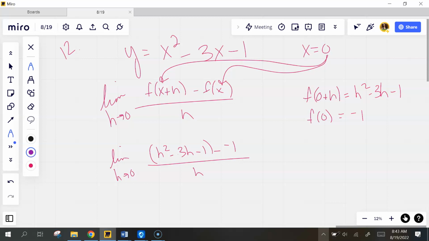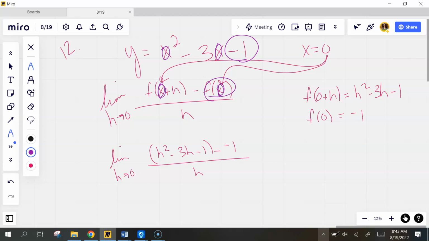All right, so if you put a 0 in for your x's here, right? 0 squared minus 3 times 0 minus 1. Yes, so this is going to be a 0 and this is going to be a 0.